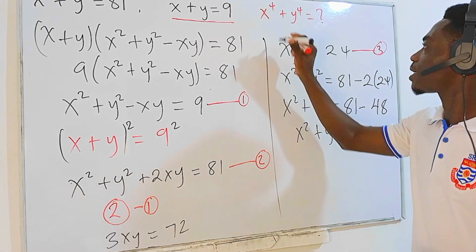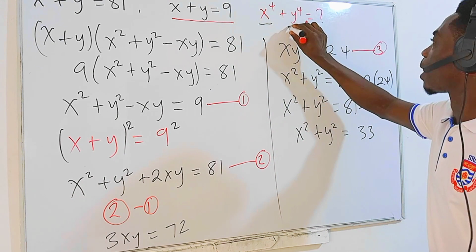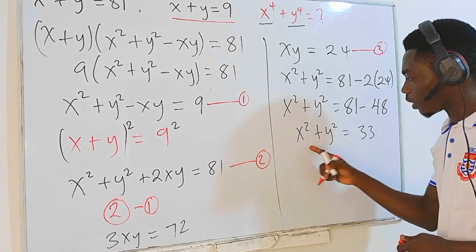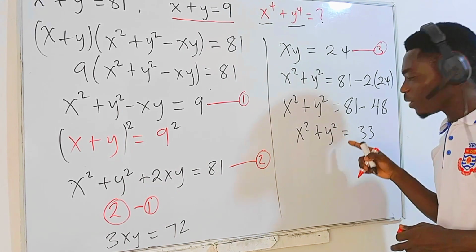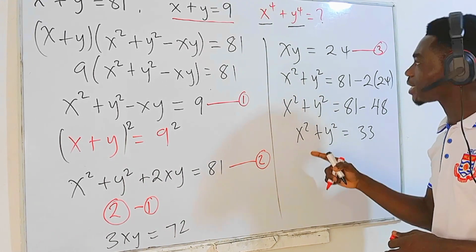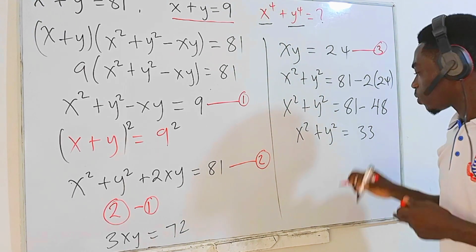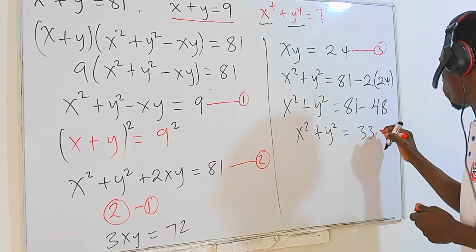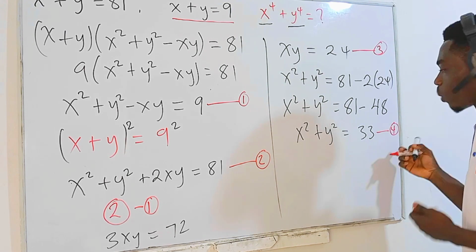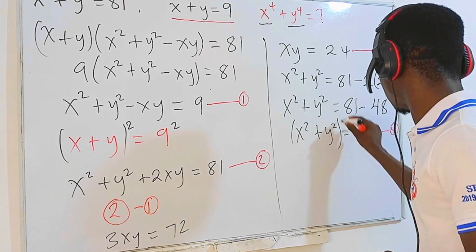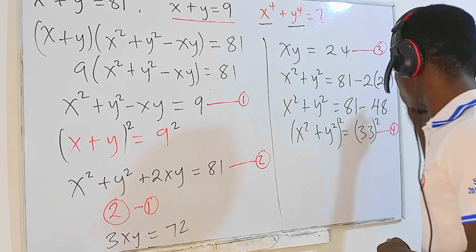Now check this. Our aim is to get x to the fourth power plus y to the fourth power. Now, if we take close attention to this equation right here, if we square each side of the equation, we'll be getting a term that will be x to the fourth power in it, right? So let's go ahead and then square. If we name this equation 4, we are going to square equation 4, so that we are going to have the whole of this squared.